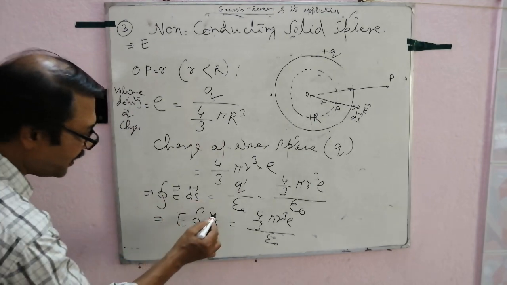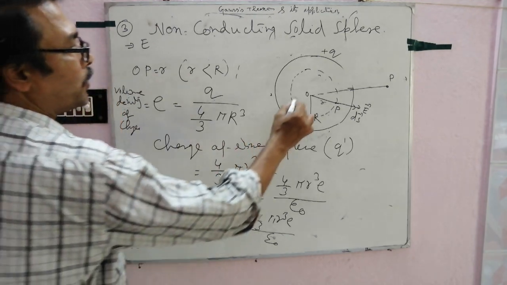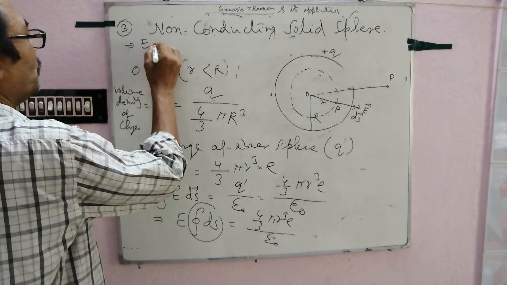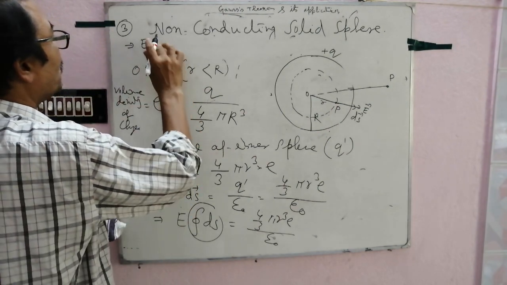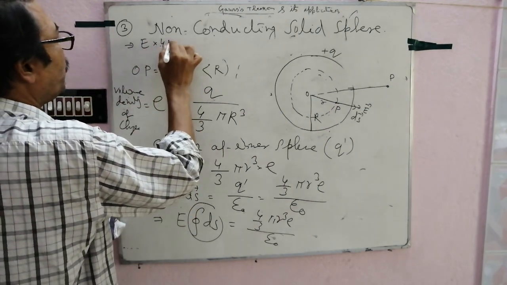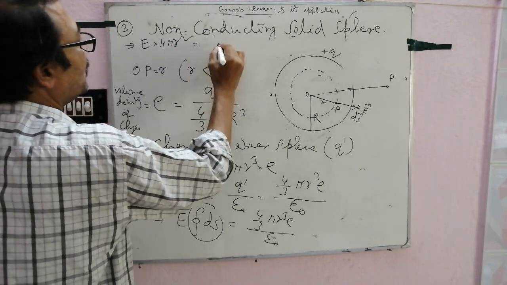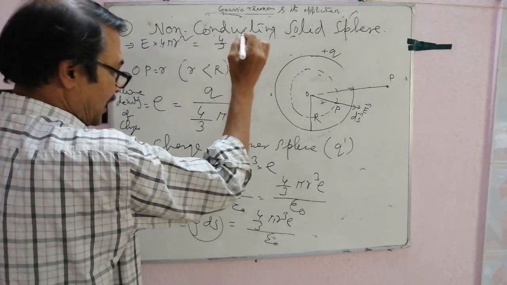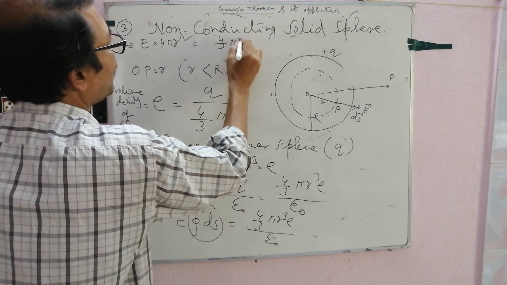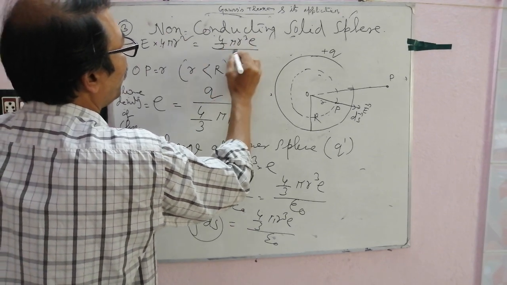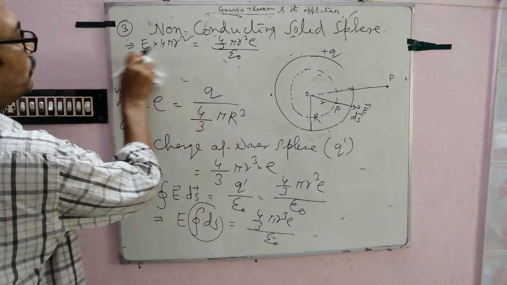What is the value of this? 4 pi r square, total surface area 4 pi r square. So E multiplied by 4 pi r square equal to 4/3 pi r cube rho by epsilon naught.